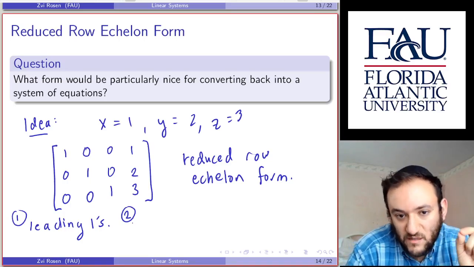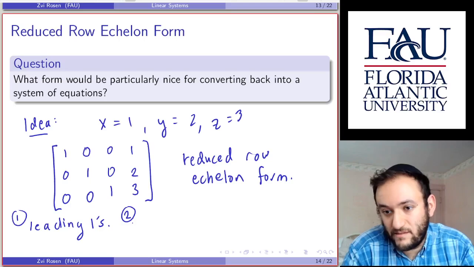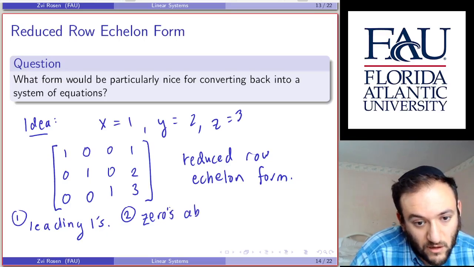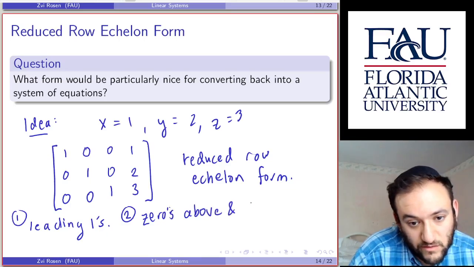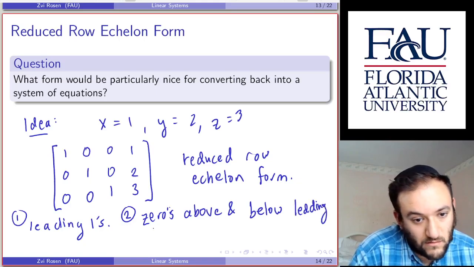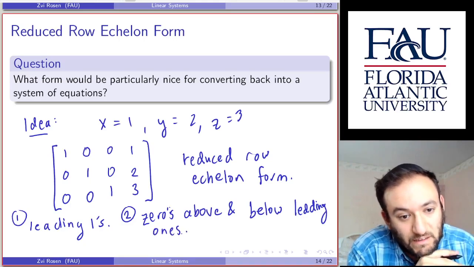Another feature is that whenever you have these leading 1s, there are zeros everywhere else in the column. So if you have a solution for x, it's not going to appear anywhere else in the system. So zeros above and below the leading ones. And what else do we have?